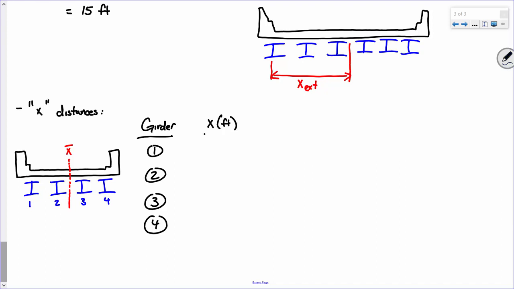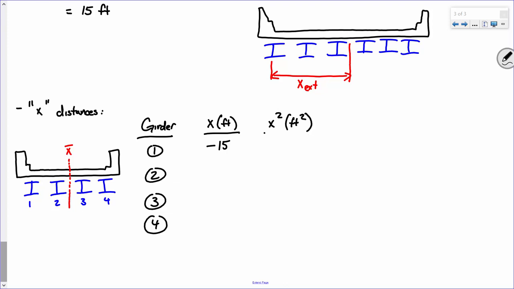How far is it from the center of gravity, that centroid, to the center line of girder 1? 15. Now, he said minus 15. I'm going to put minus 15, but it's not going to matter, because ultimately we're going to calculate x squared.